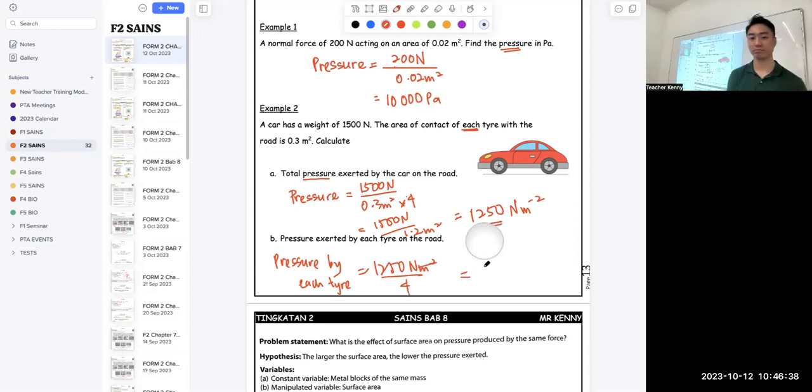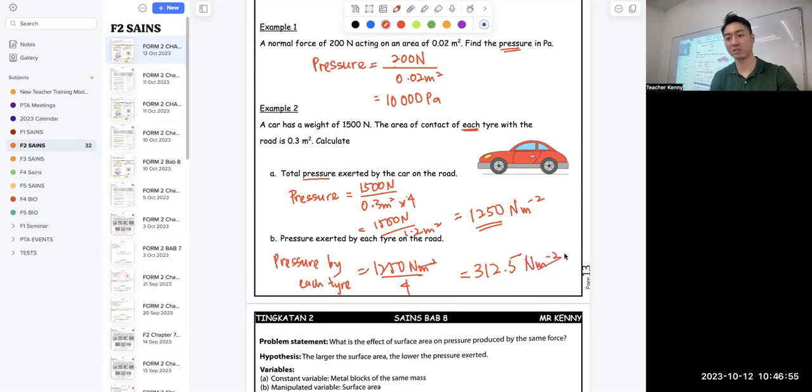Final answer? Pa or Newton meter magnitude. Hey, what's with this M? Is it my app or is it the pen?